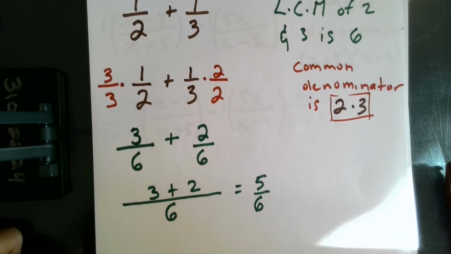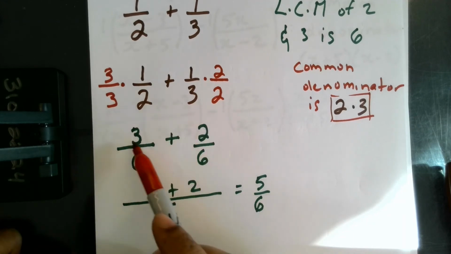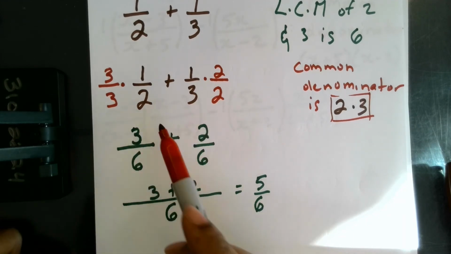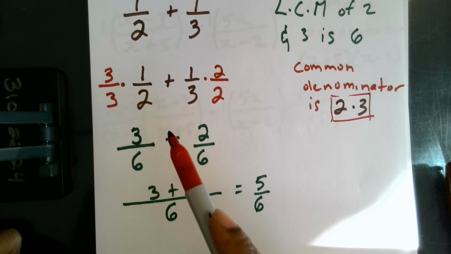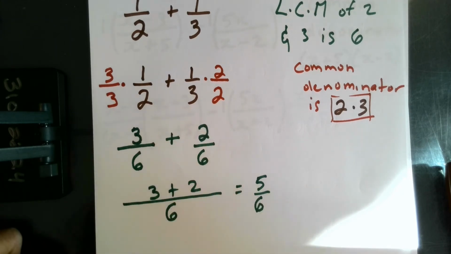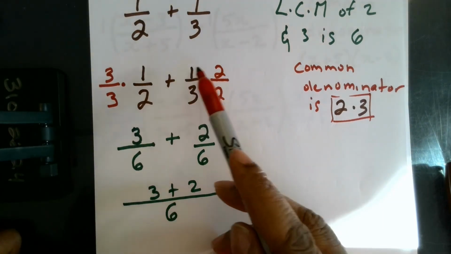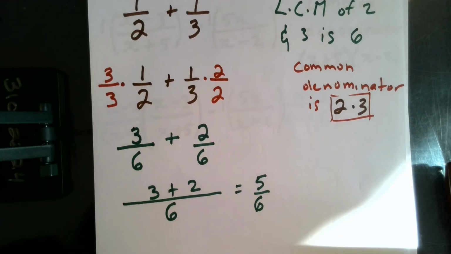And then we focus on working on the top. We can simply write what we have here, 3 and 2. But how we got the 3 and 2, we said what? 3 times 1 is 3, right? And 1 times 2 is 2, all right? So we are applying the same principle as we go along.